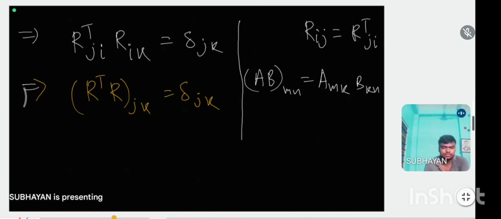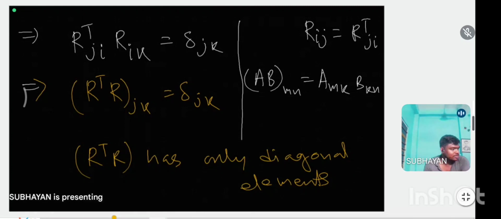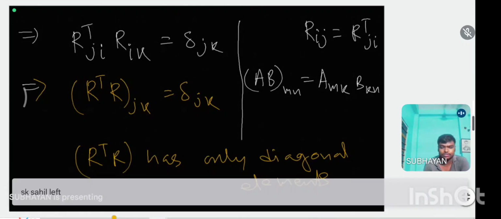Okay, is this okay? A matrix having jk element equal to the Kronecker delta means this matrix only has diagonal elements. So R transpose R is itself a matrix that has only diagonal elements, because Kronecker delta jk, j equal to k, will yield 1, otherwise it will yield 0.